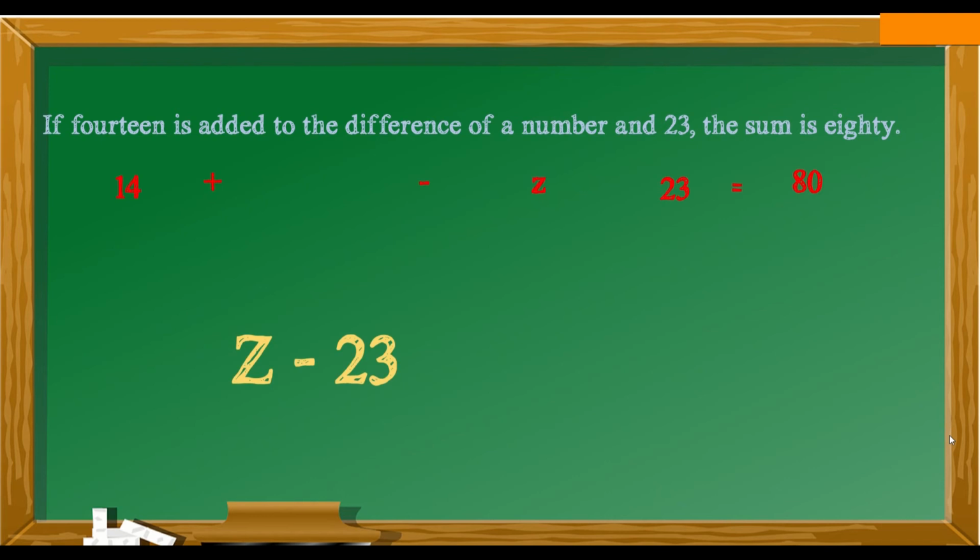And then we will now add 14. And then the sum is 80. This will be equals 80. So our equation is Z minus 23 plus 14 is equals to 80.